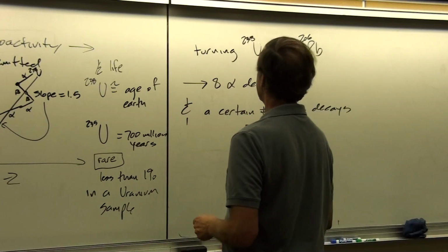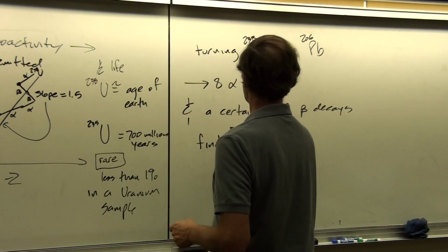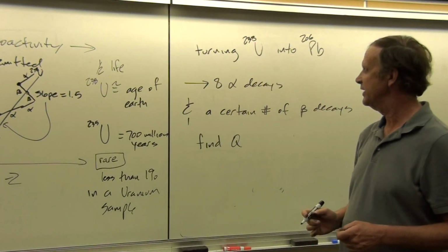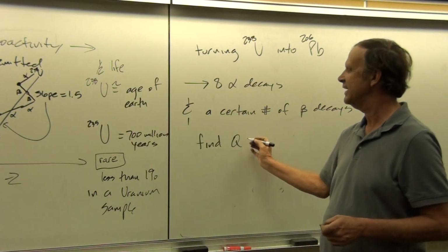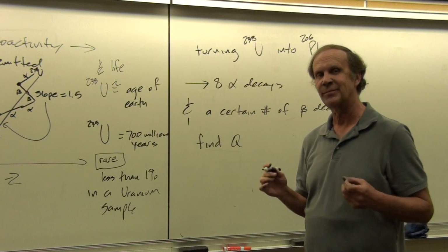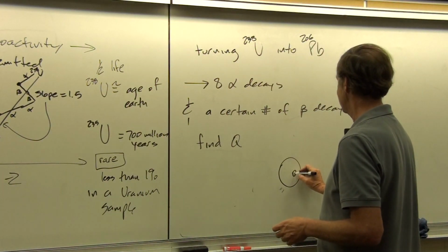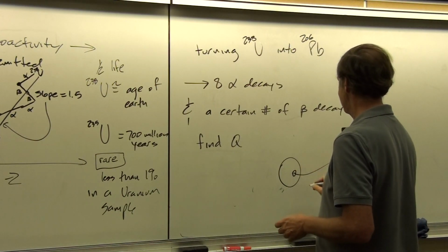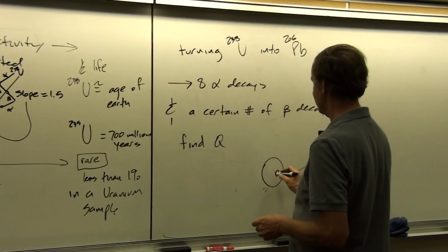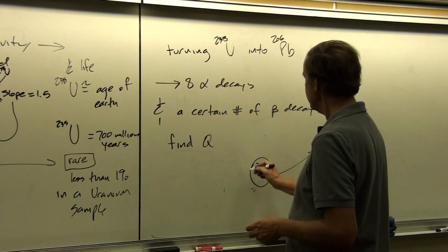Now it turns out that we can figure out the Q for this reaction without even knowing how many beta decays occur. And the reason for that is the Q for a beta decay does not depend on the mass of the electron. Okay? Remember that in a beta decay process the electron is ejected out, and because a neutron is turned into a proton, you have Z+1 protons in here.